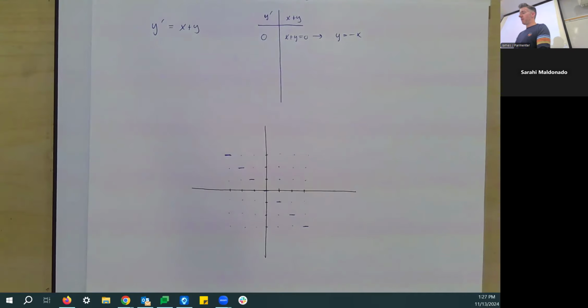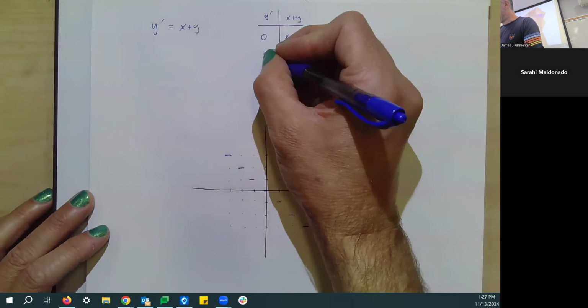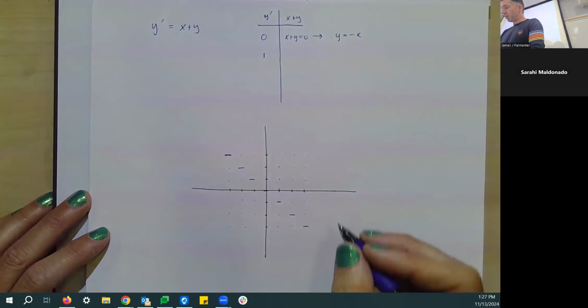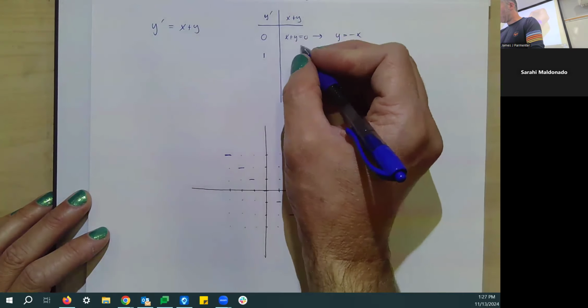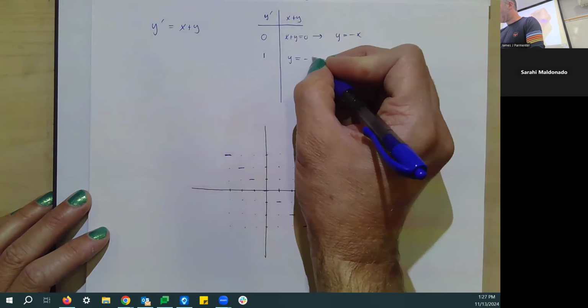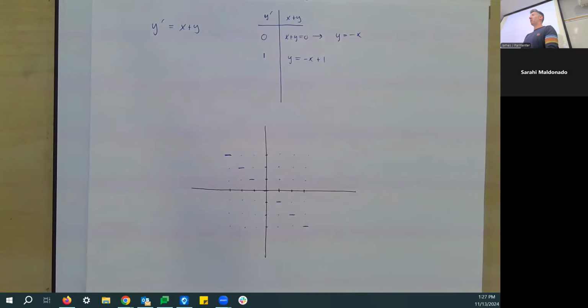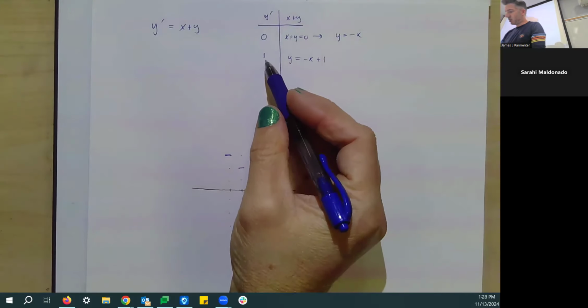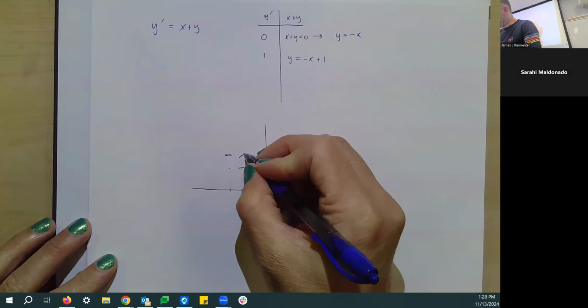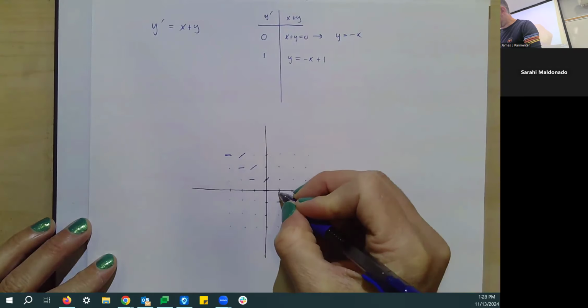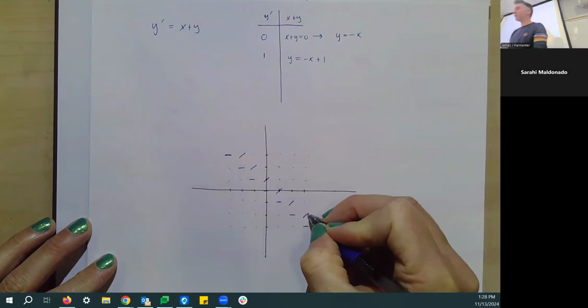Then if I go one bigger, y prime equal to 1, I know that x plus y equals 1, or y equals negative x plus 1. So along the line y equals negative x plus 1, the same line just shifted up 1, the slope is always going to be positive 1.